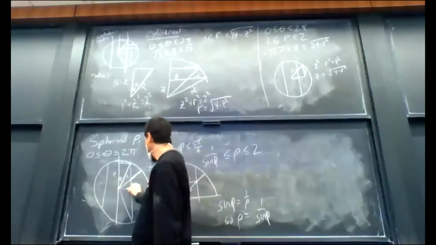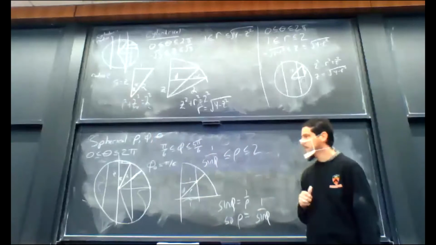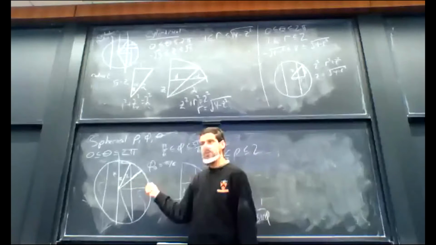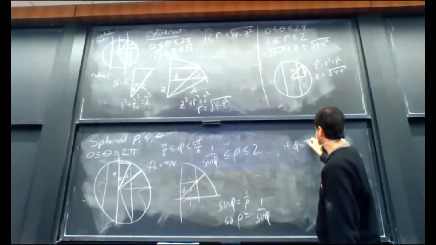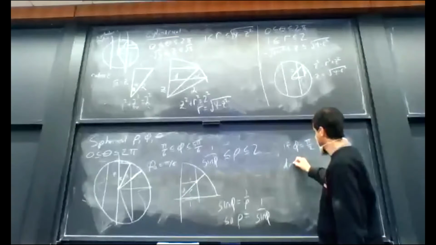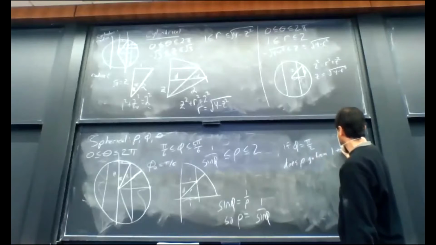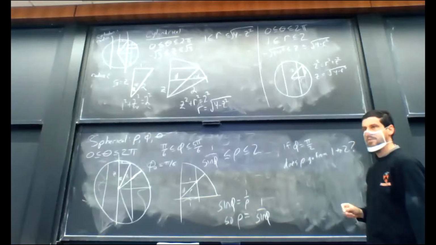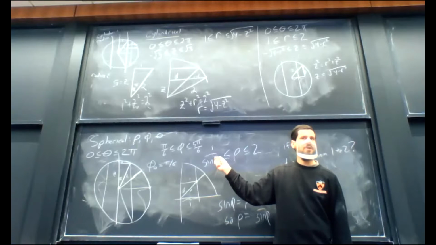if my angle phi is pi over 2, then rho should run from 1 to 2. So if phi equals pi over 2, does rho go from 1 to 2? What's the sine of pi over 2? 1.